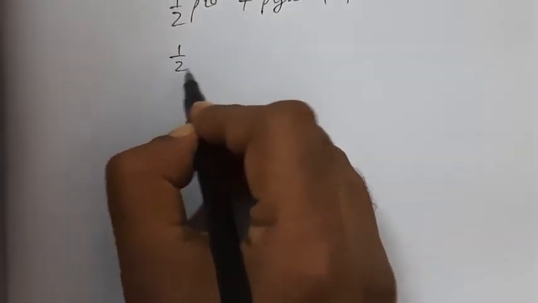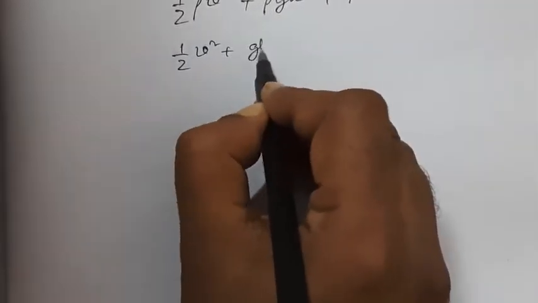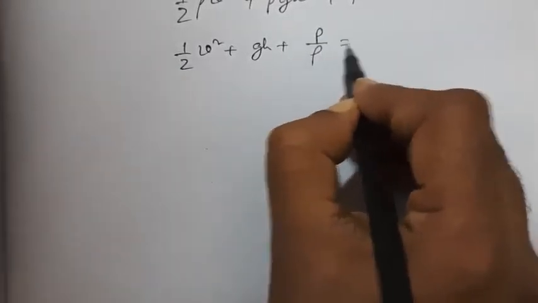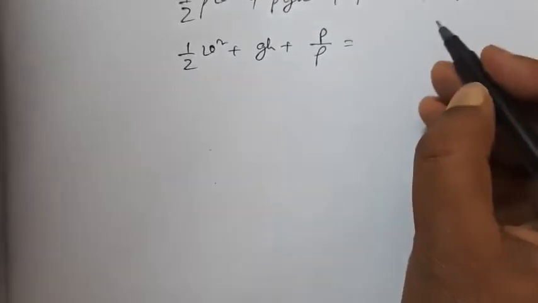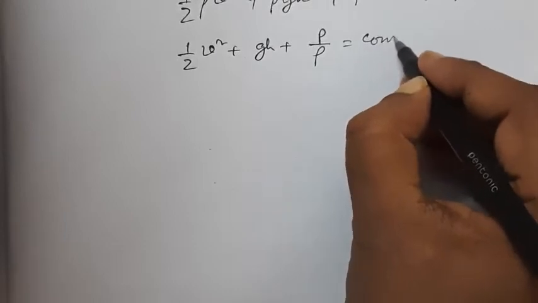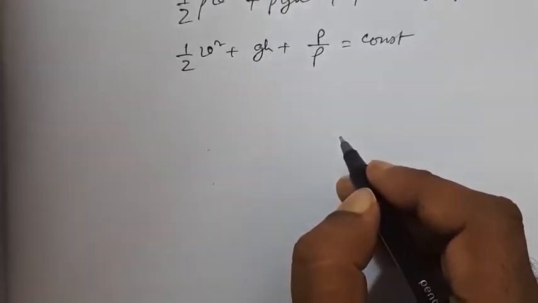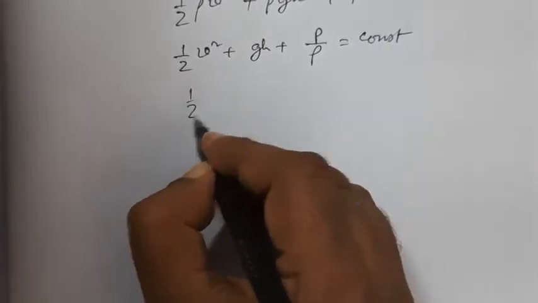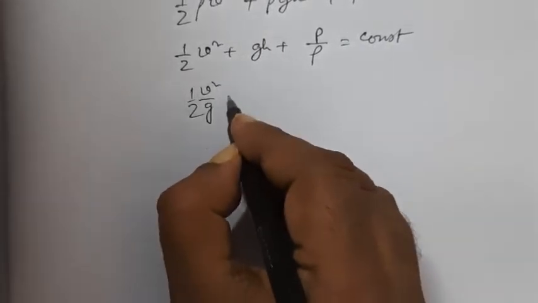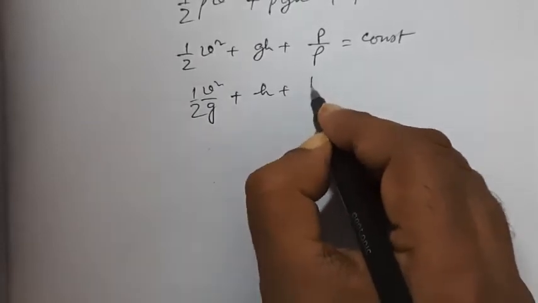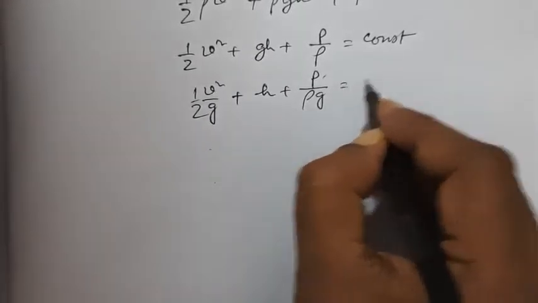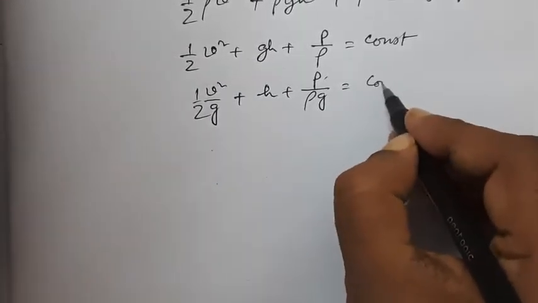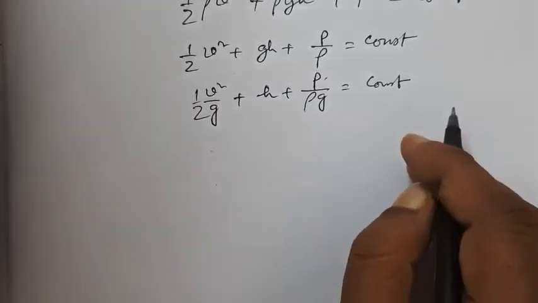Now if we divide the full equation by the density, we get half v square plus gh plus p by rho is constant. Constant by density, density is also constant, so this becomes another constant. Now if we divide this by g again, we get v square by 2g plus h plus p by rho g is constant.